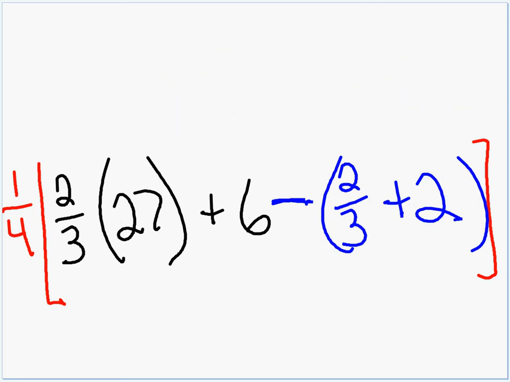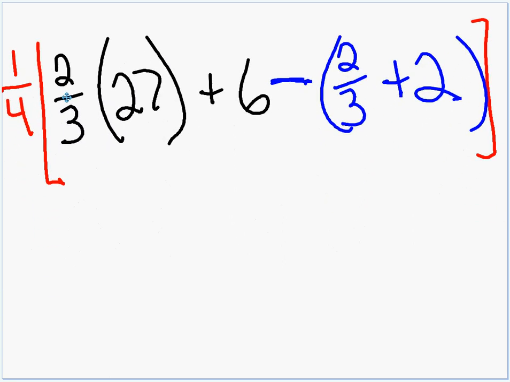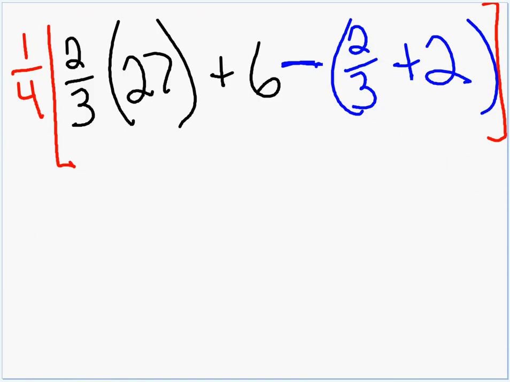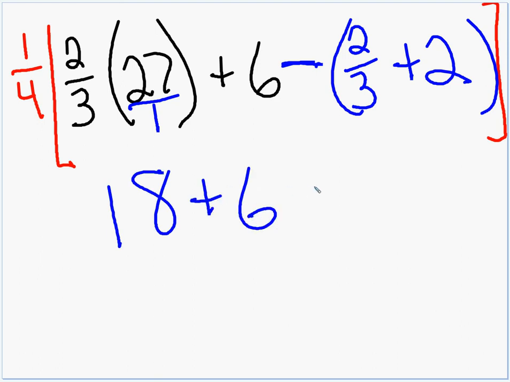So let's see here. That 27 over 1, we can reduce on the diagonal. That'll be 2 times 9, or 18, plus 6, minus 2/3, distribute the negative, minus 2, and this all has a 1/4 out front.